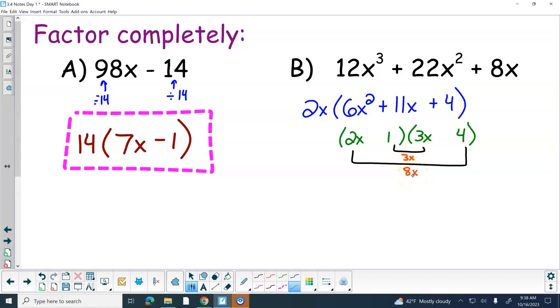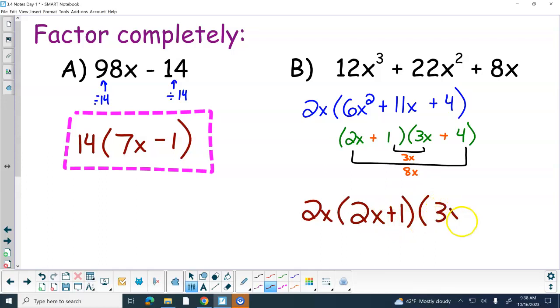Together, those give me 11x, which is what I want. Both positives or both negatives, or one of each? Both positive, because I want it to be positive 11. So this factors to be 2x times 2x plus 1 times 3x plus 4.